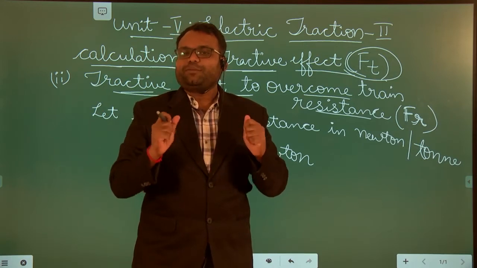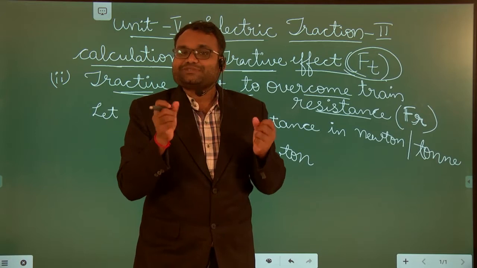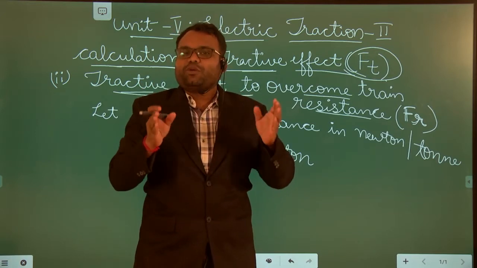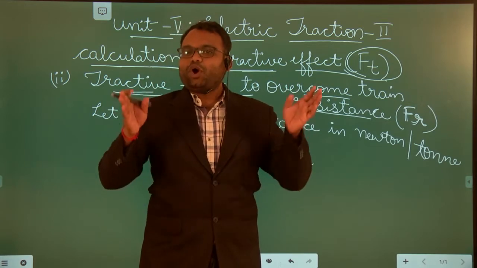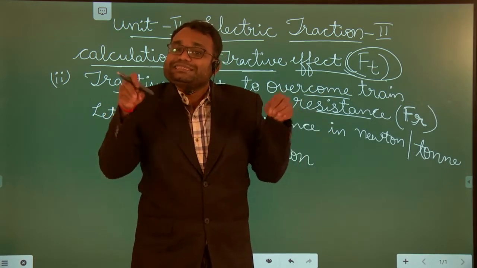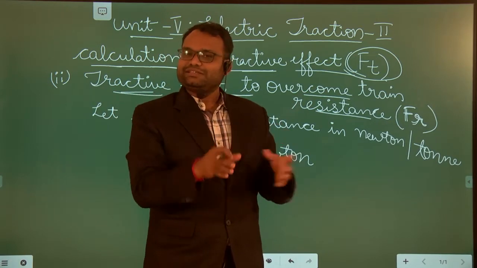So the total force developed at the axle of the wheel has to be sufficient for the locomotive to go further and reach its destination, with all the resistance offered by the train itself to its own motion.